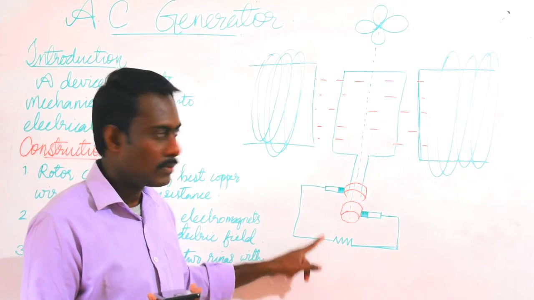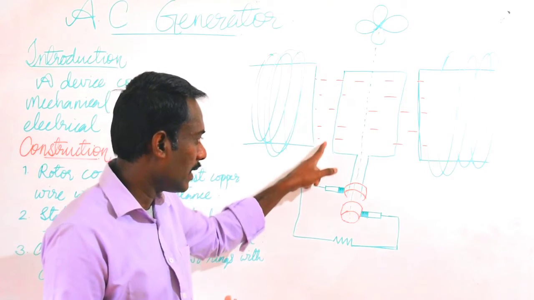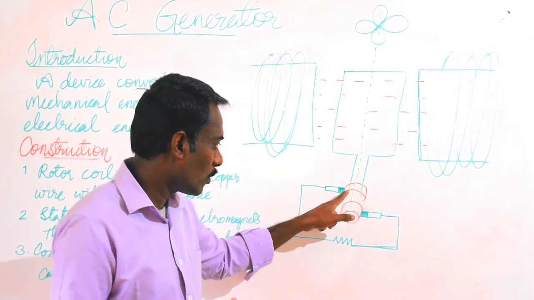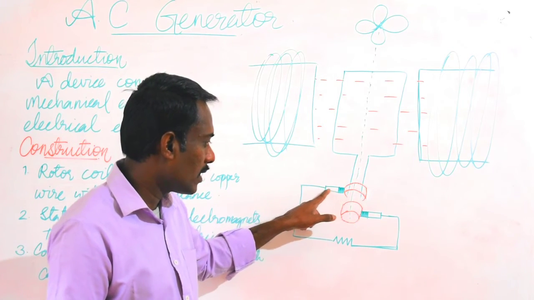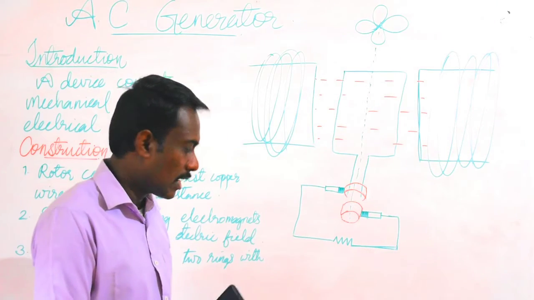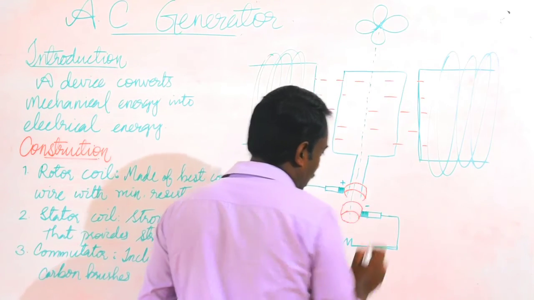Assume that in side A the induced current is flowing in this direction, and the ring commutates, so this side becomes positive and this side becomes negative.